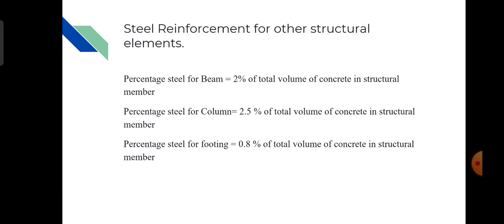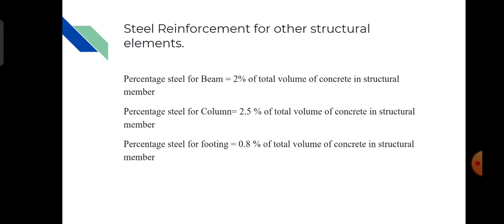So next is coming on to the percentage of steel reinforcement as in case of footing. It should be equal to 0.8% of total volume of concrete, and clear cover for main reinforcement as in case of footing is equal to 50 mm. So minimum 10 mm diameter bars shall be provided, and the thickness of the footing should not be less than 40 centimeters.